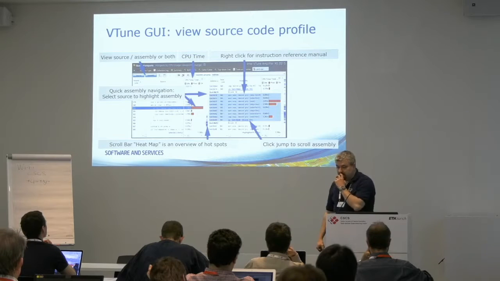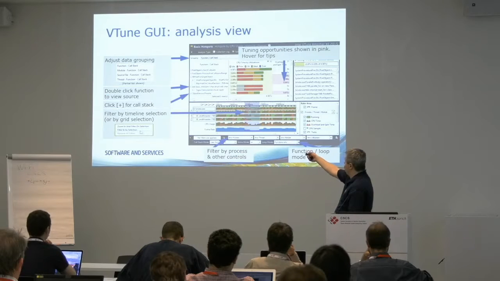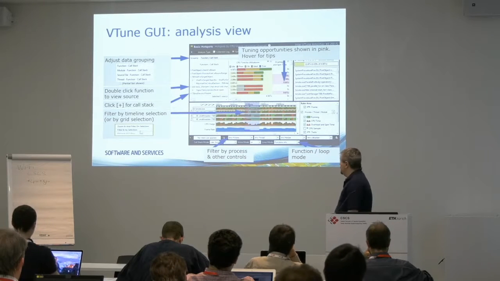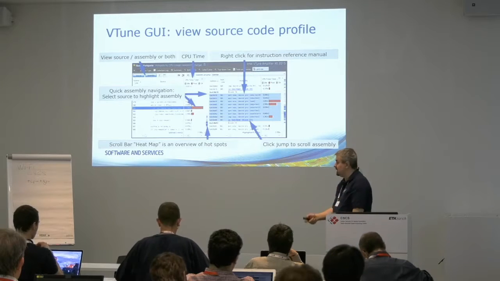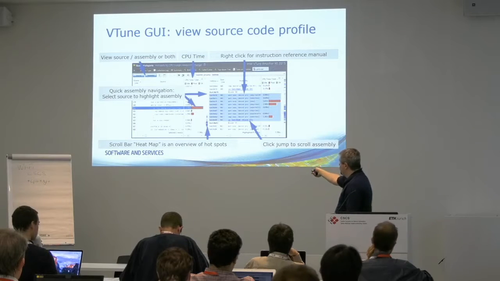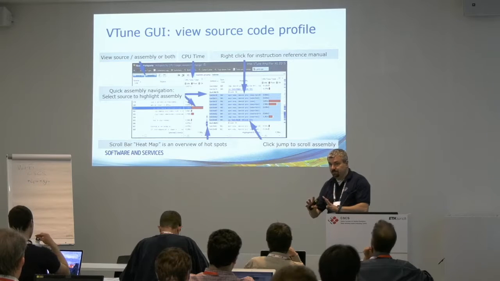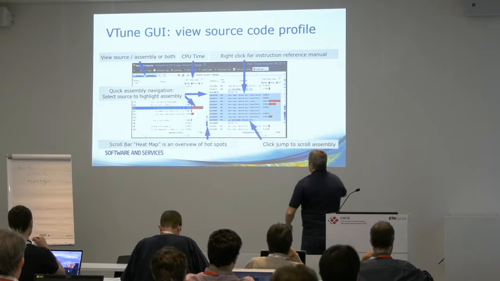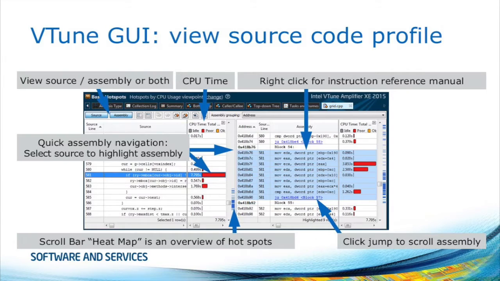Okay, and then, of course, there's the source code view. So if you click on one of those hotspots, VTune takes you to a source code view that breaks the performance data down for each of the lines in your source code, but also for the assembly code. Okay? Now this is all statistics. So that means if you look at your code, it doesn't necessarily mean that this instruction took really 3.8 seconds, and the next one only 2.5 seconds.